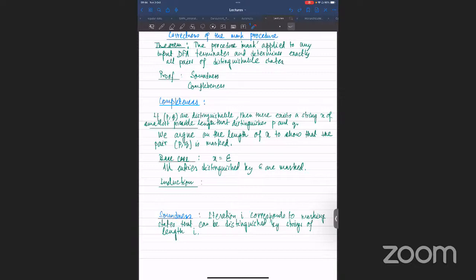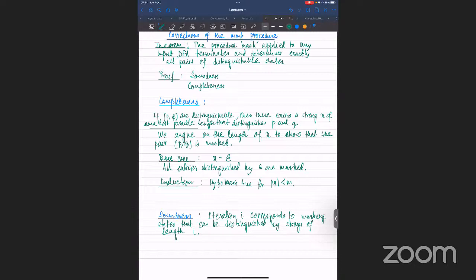And then you can think of the inductive case. So suppose the hypothesis is true for X less than M. So what does it mean? It essentially means that all pairs of states P comma Q which can be distinguished by a string of length strictly less than M have already been marked.